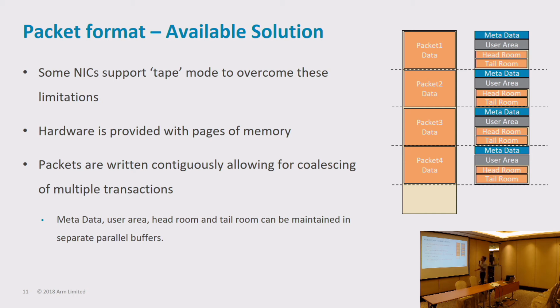So I think one solution can be that we have the packet data and then a parallel set of metadata, user area, headroom and tailroom. For each given packet, there is a set of other data that's associated with it, and that way we could address this issue.